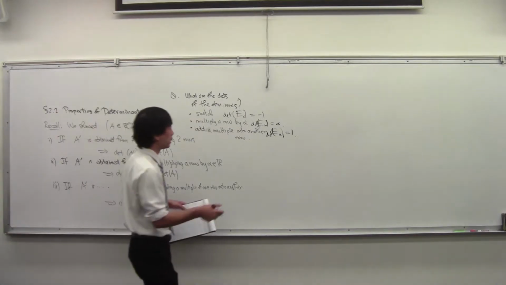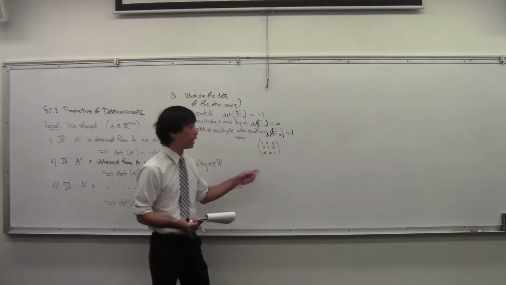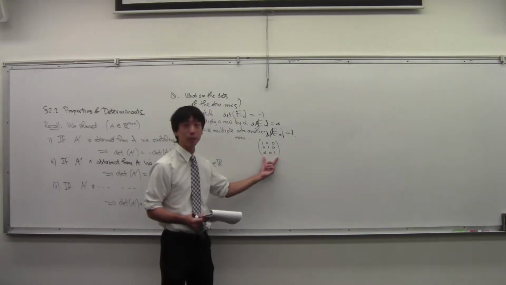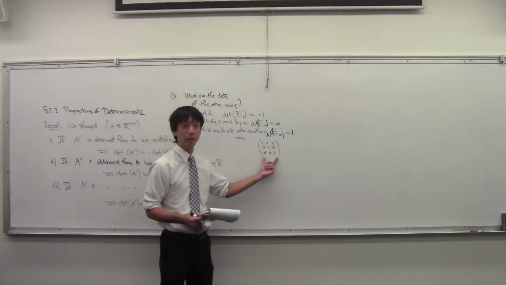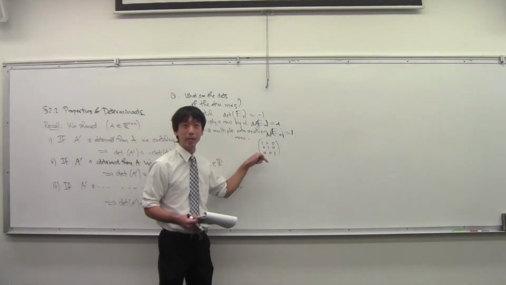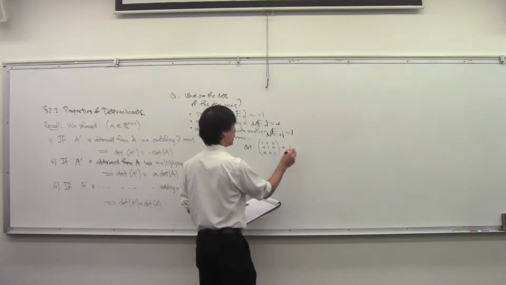Suppose you have the last type, adding alpha times the first row onto the third row, that would be this matrix. It's a triangular matrix, so the determinant is just the product down the diagonal. So the determinant of this one is going to be 1.